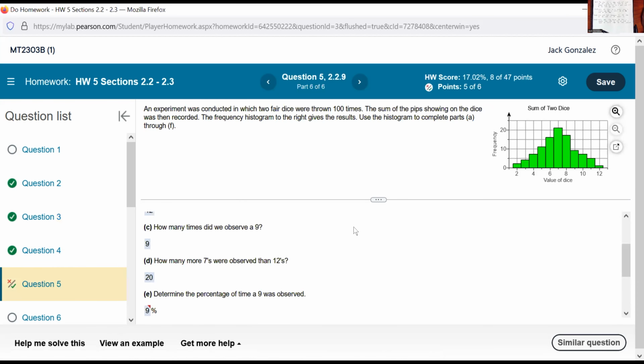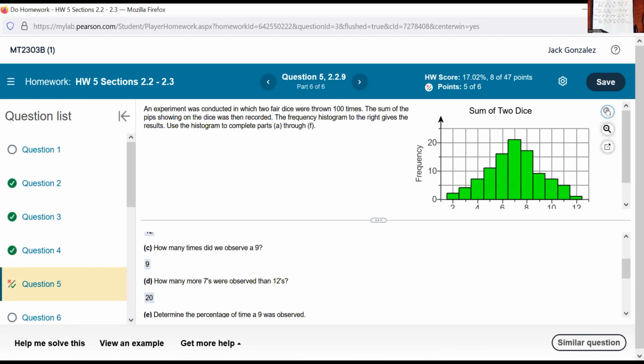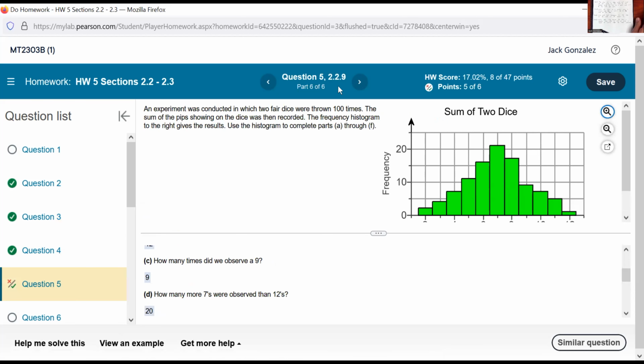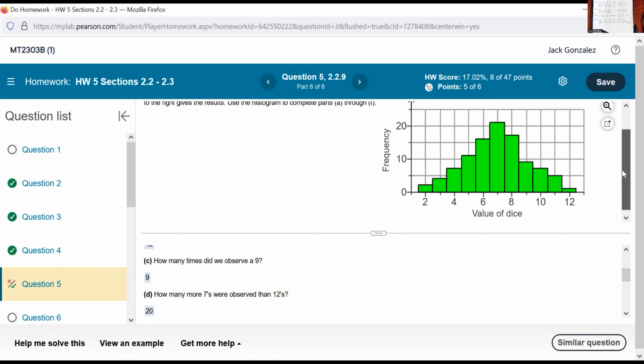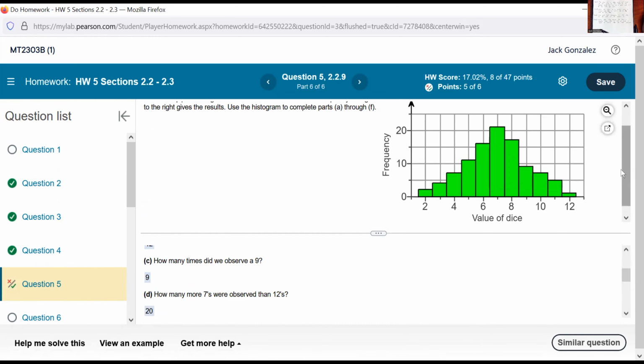Number 5, you zoom in a bit. For 5, the bottom part's cut off. There we go. So here they rolled a pair of dice, and they counted how many times each number appeared.